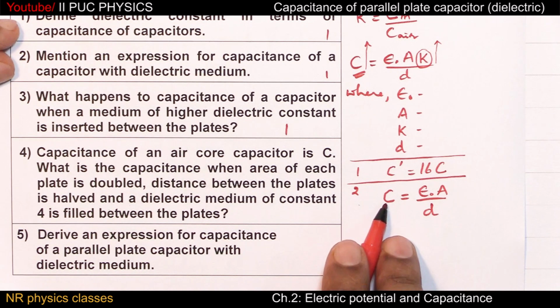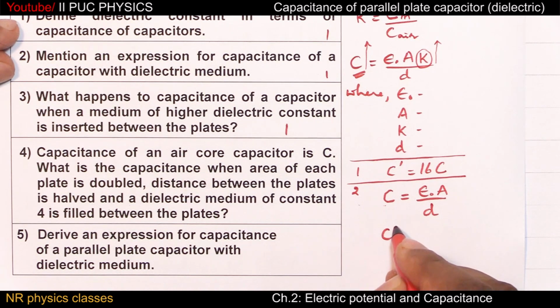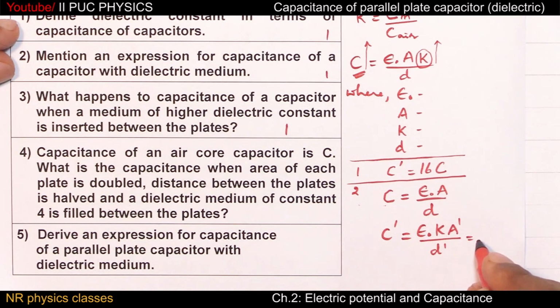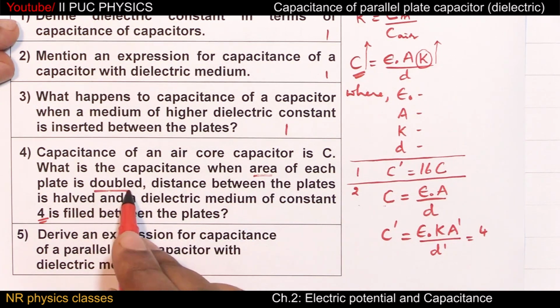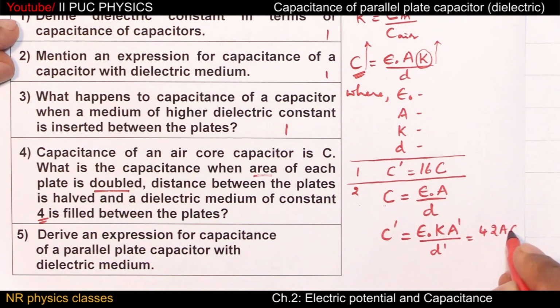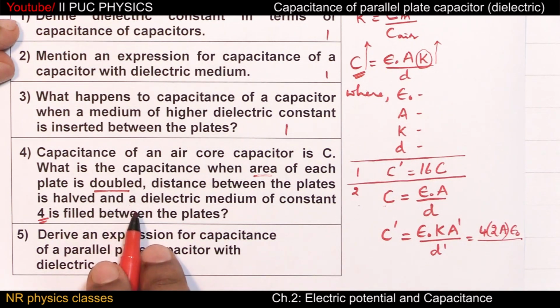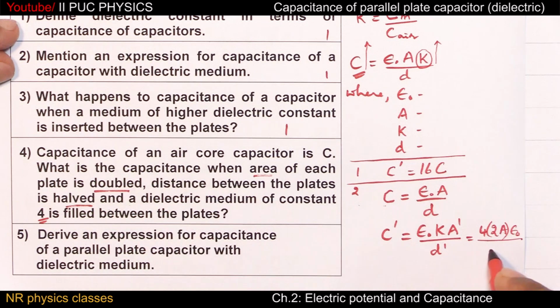With air, capacitance is C. Now C dash equal to epsilon naught K A dash by D dash equal to epsilon naught, K is 4, A dash is 2A, area of each plate is doubled, 2A epsilon naught by D dash, distance between the plates is halved, so it is D by 2.